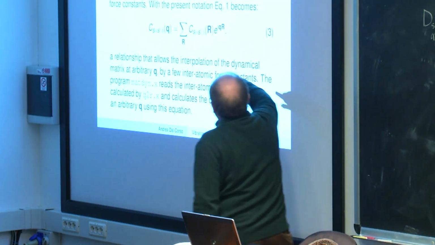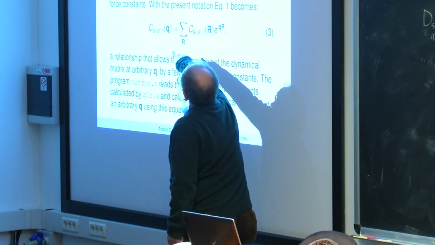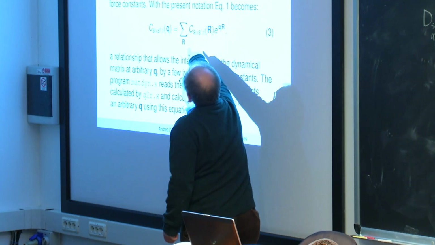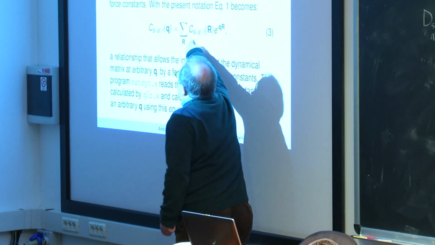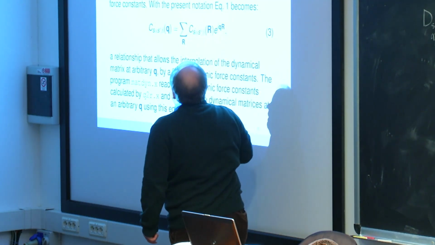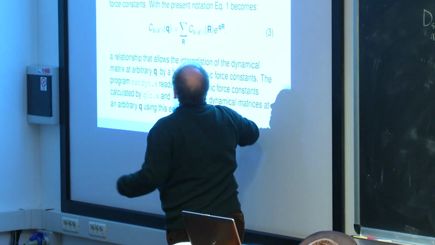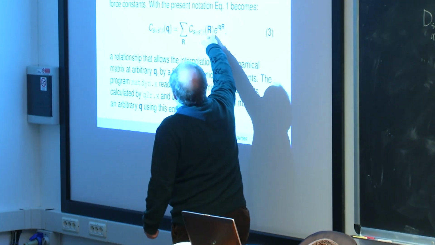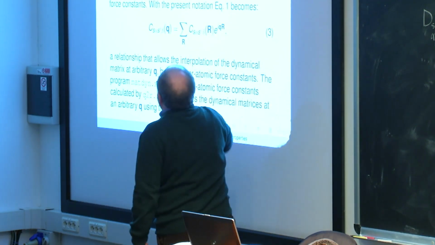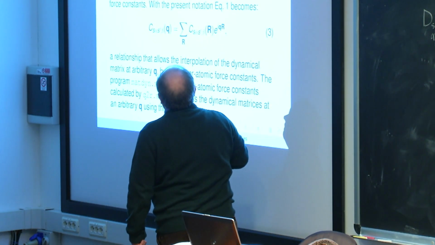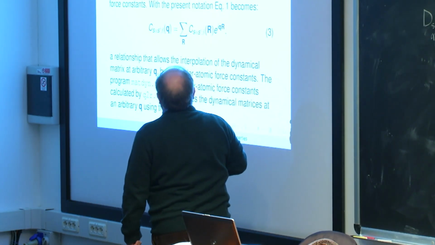But then, once you have the interatomic force constant, you can recalculate the dynamical matrix at an arbitrary Q with the Fourier series. And here you will have the approximated interatomic force constant. If the real one went to 0 when this R becomes large for periodicity, and here you sum only on the R where you have calculated the interatomic force constant, you get a good expression for the Fourier transform.